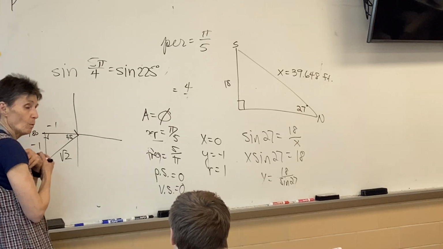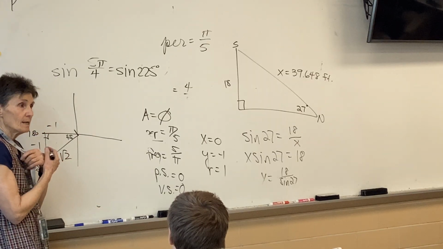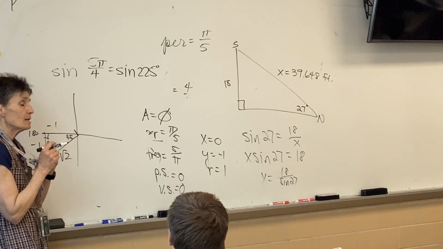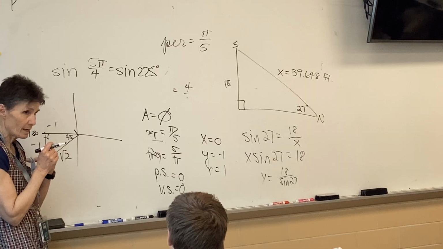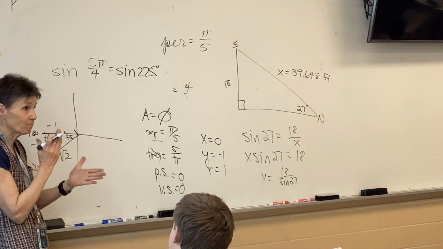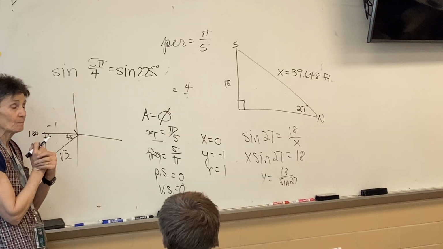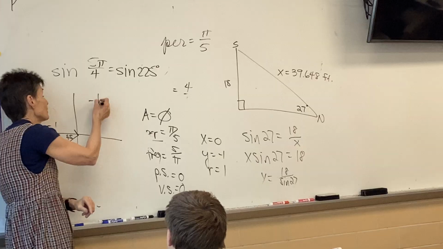Why are they negative? Because we're in the third quadrant. In fact, if your picture is not in quadrant 1, something's going to be negative. Make yourself put those negatives in. We want sine, so negative.